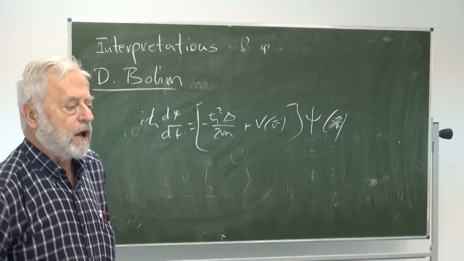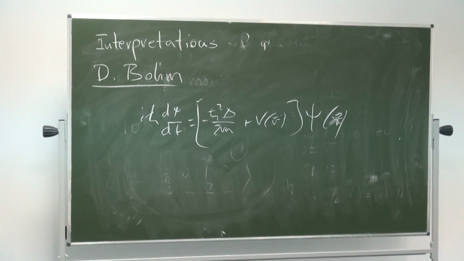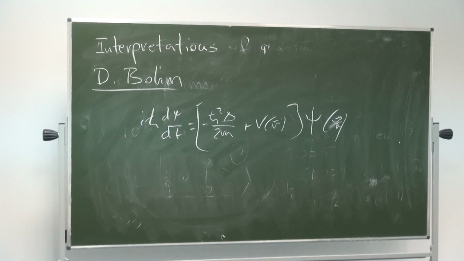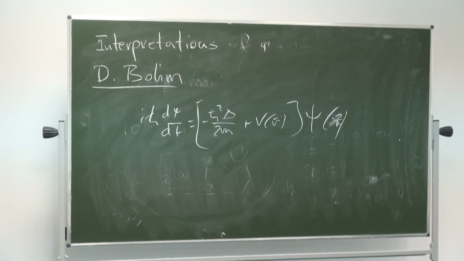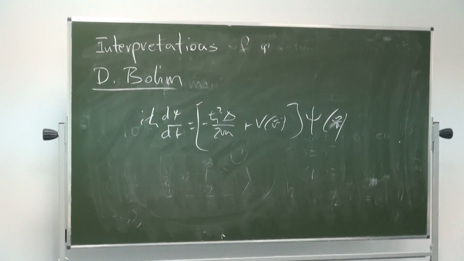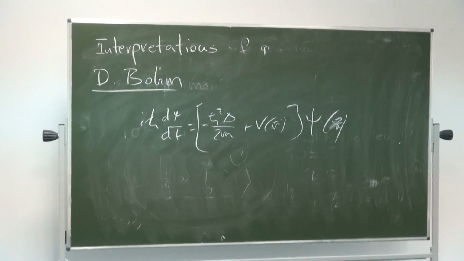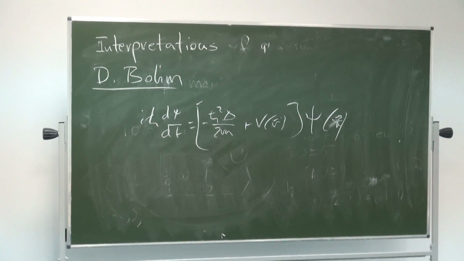Almost immediately, about a year after Schrödinger wrote his equation, the German physicist Madelung had an idea of rewriting this equation, which of course is for complex psi, in the form of a set of two equations for real variables.